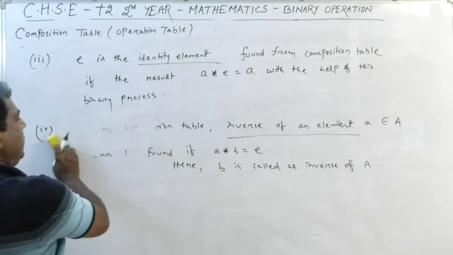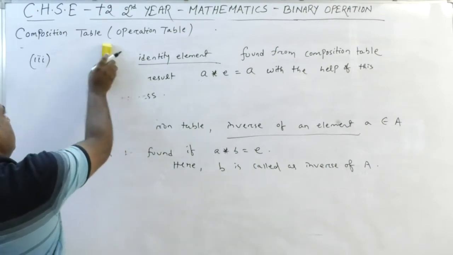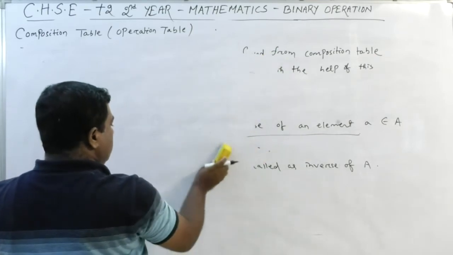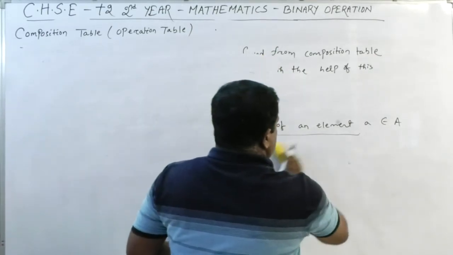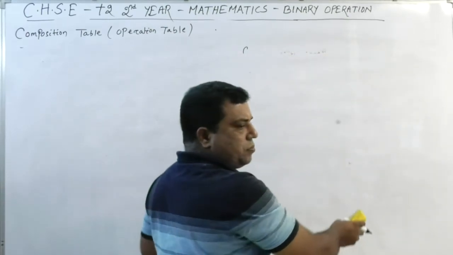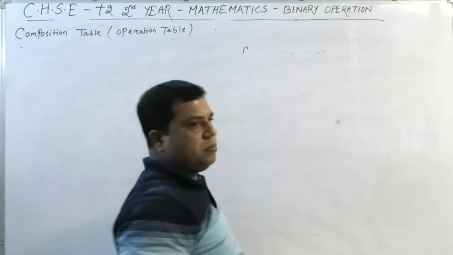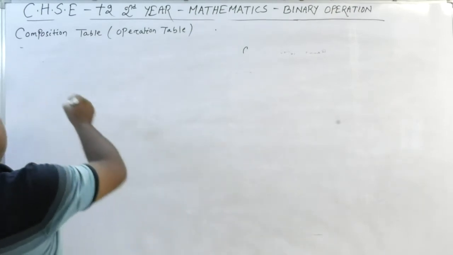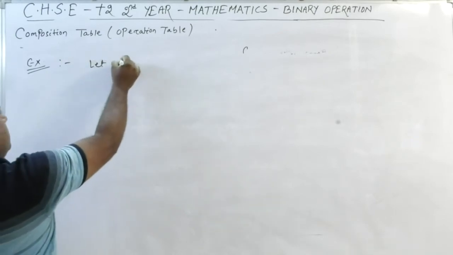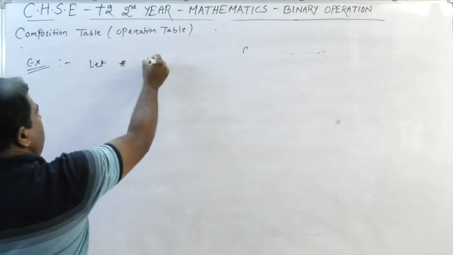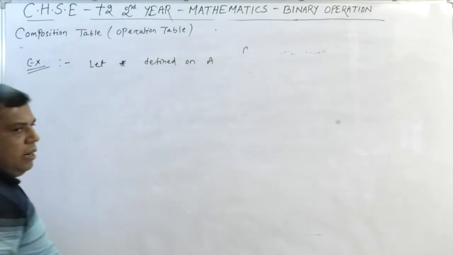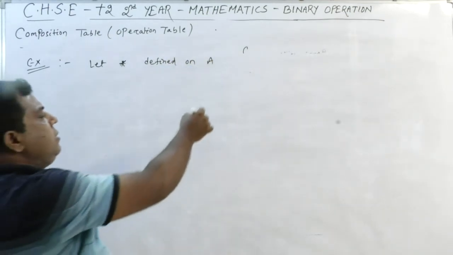So I am writing an example, about the composition table. Okay, let's start. Define on A, and what is A?